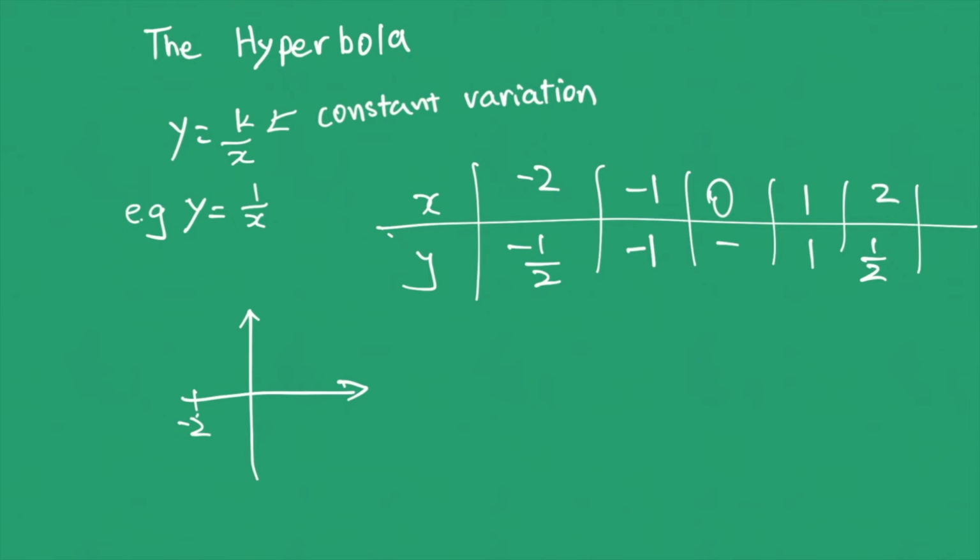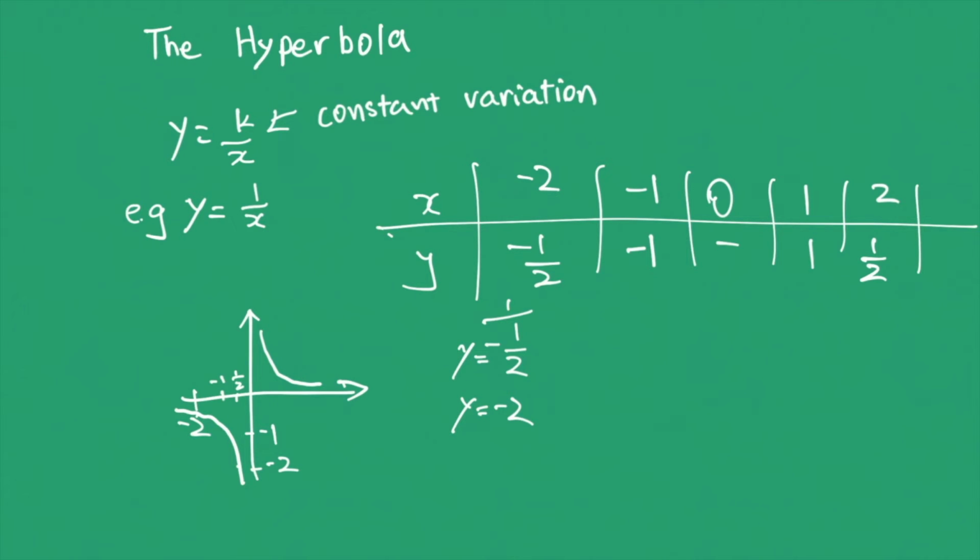And when x equals -1, y also equals -1, so it's here. And when x equals -1/2, y would be the reciprocal of -1/2, which is -2. So when x equals 1/2, the dot would be even further down, which is around here. So we can join it together and it shows up a curve like this, same as the positive side.